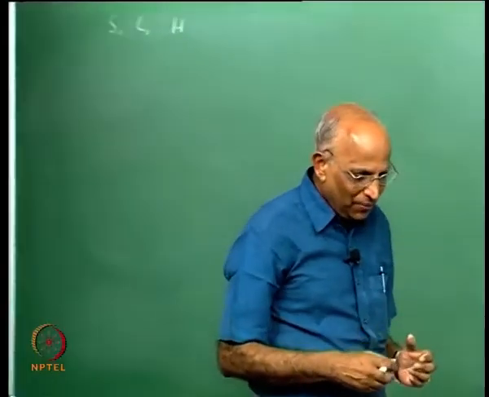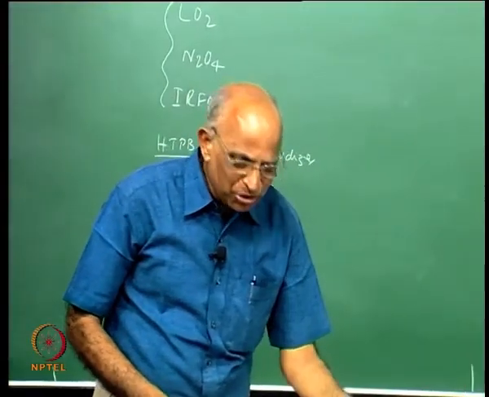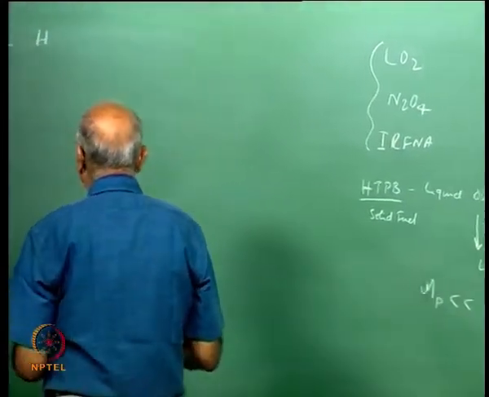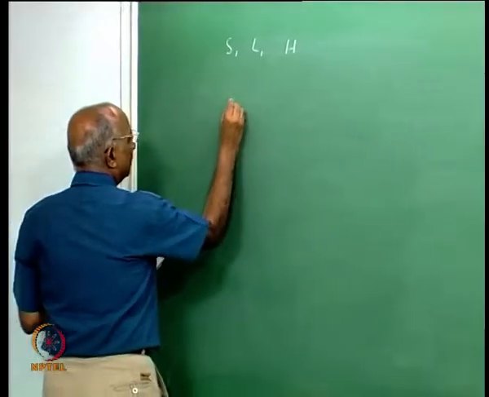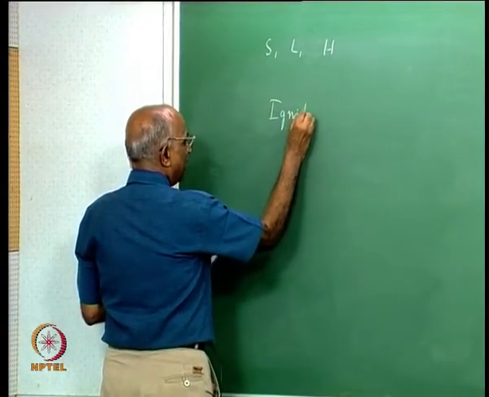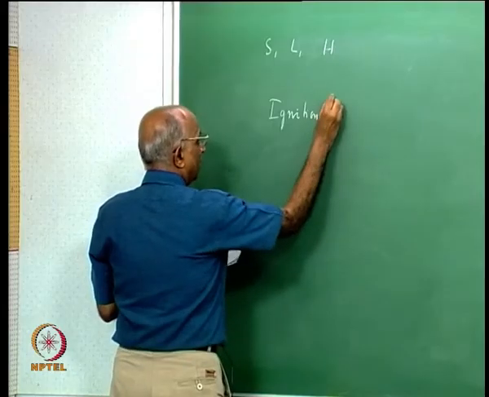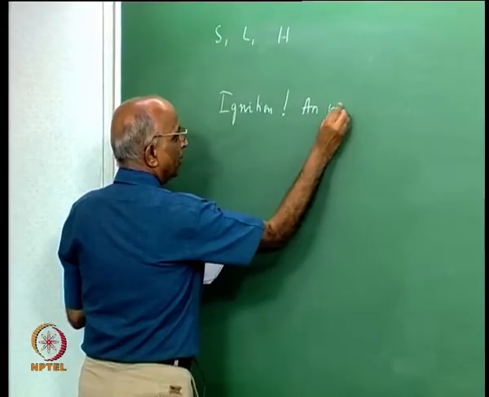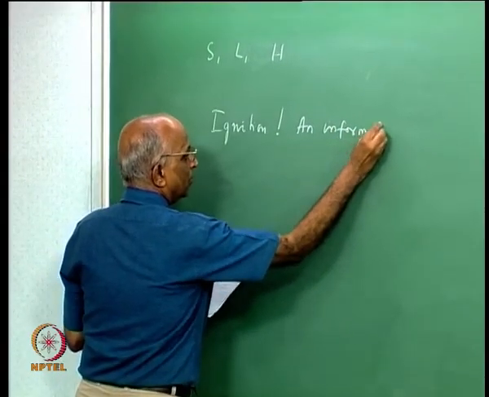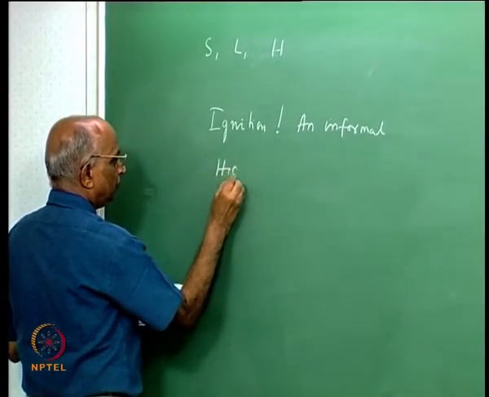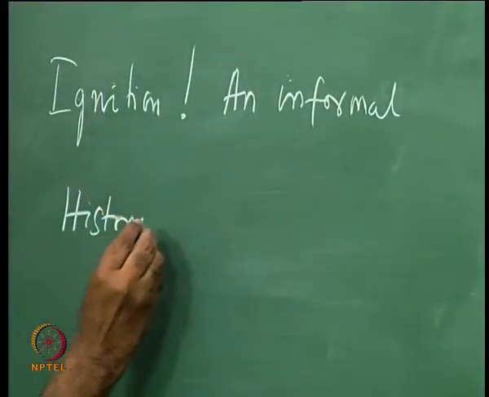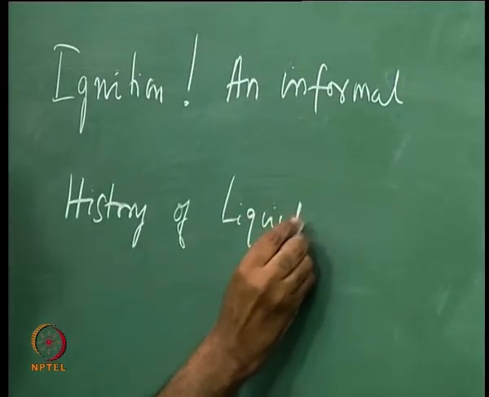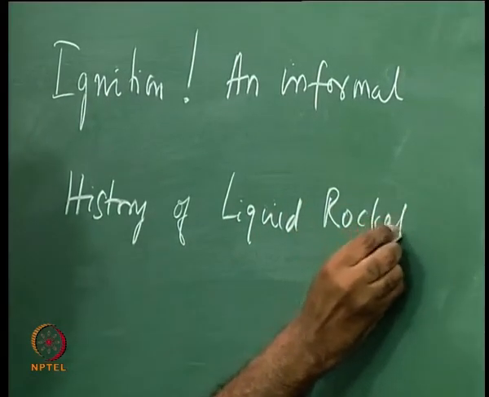I would like to give you one reference which makes extremely interesting reading, and that reference is a book called Ignition. It is there in our library. The name of the book is Ignition, an informal history of liquid rocket propellants.